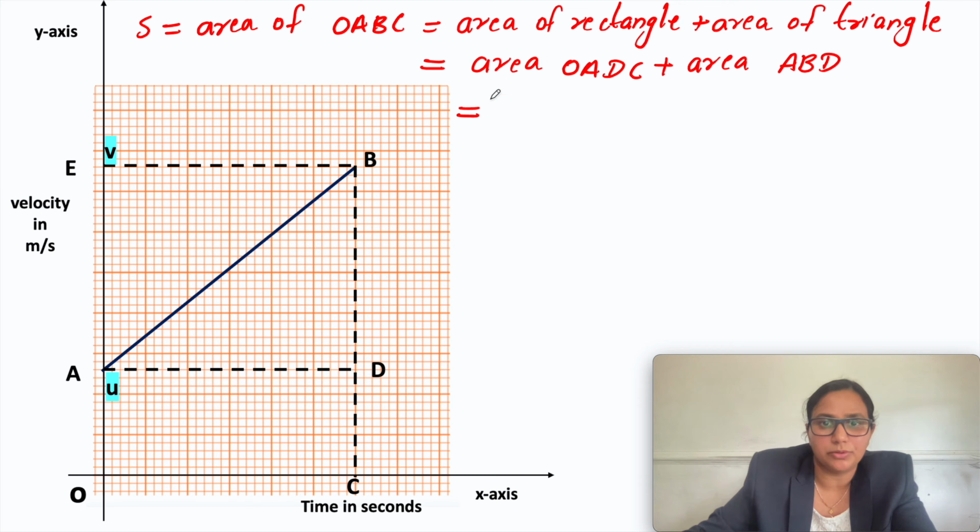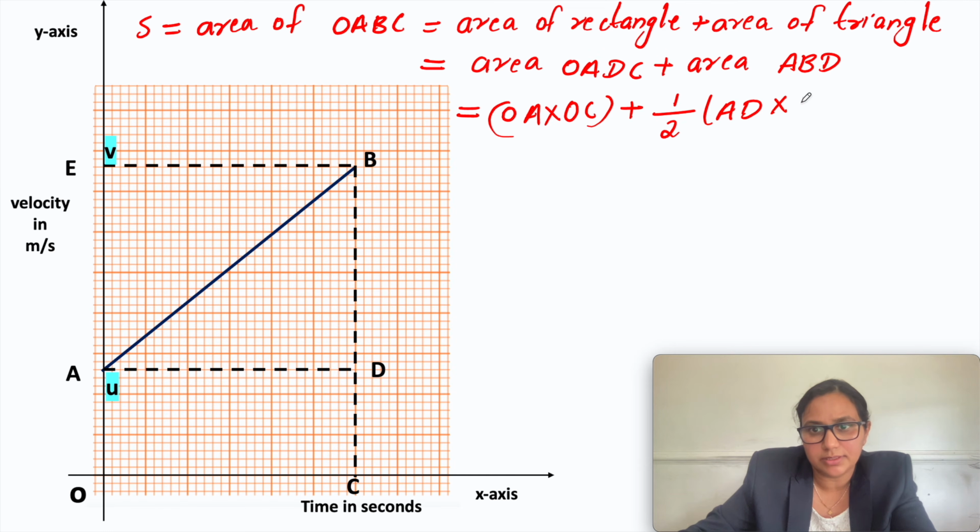What is area OADC? OA multiplied by OC, plus area of triangle, which is half into base into height, so half into AD times BD.